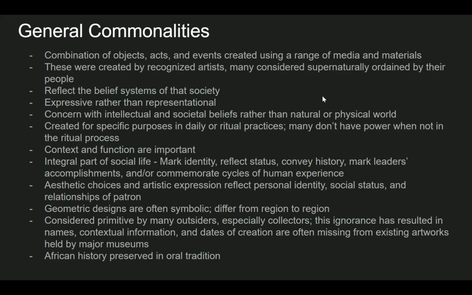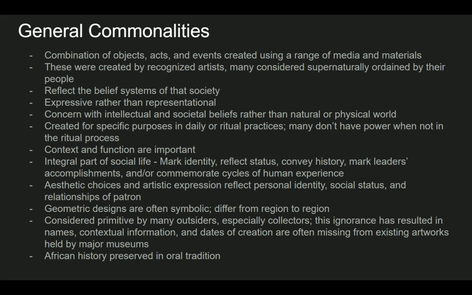Okay, so some general commonalities across this massive continent is we're going to see a combination of objects, acts, and events created using a range of media and materials. So again, many of these objects are used within a larger context, a larger setting of some type of ritual process or ceremony. They're created by recognized artists. Many are supernaturally ordained by their people.